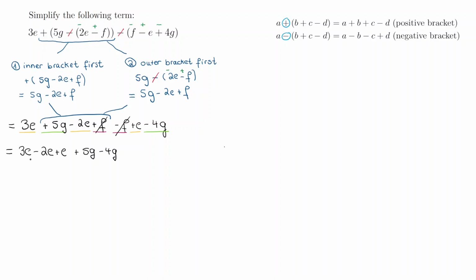So 3e minus 2e is e, plus e is 2e. And 5g minus 4g is g. Okay, so what we did is we simplified this whole expression into this short expression, 2e plus g, which is our final result.